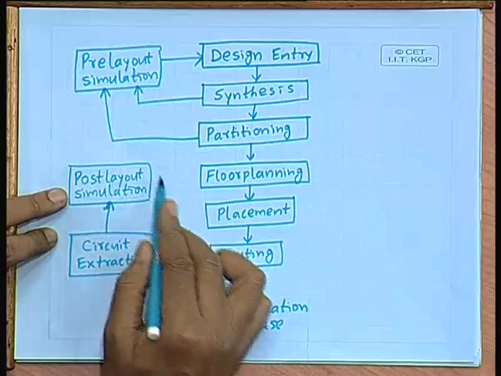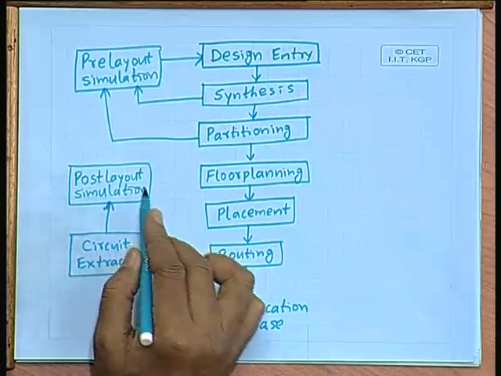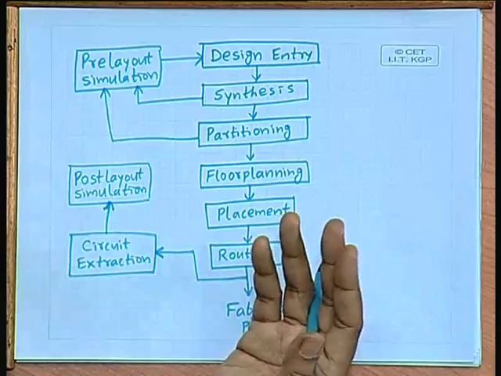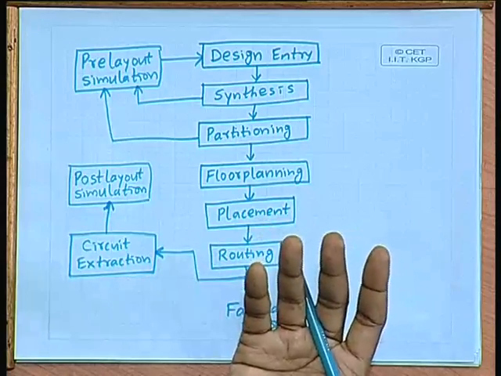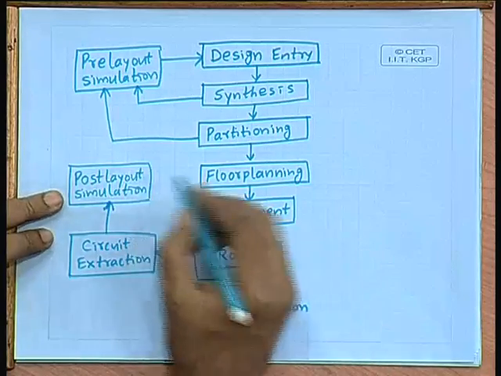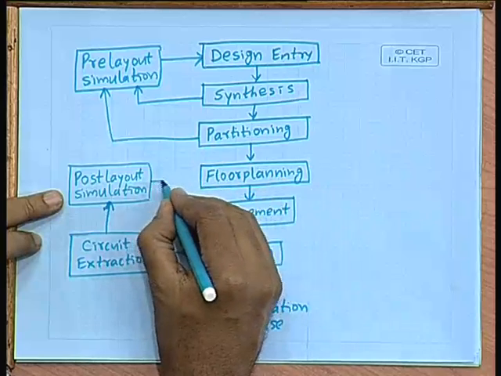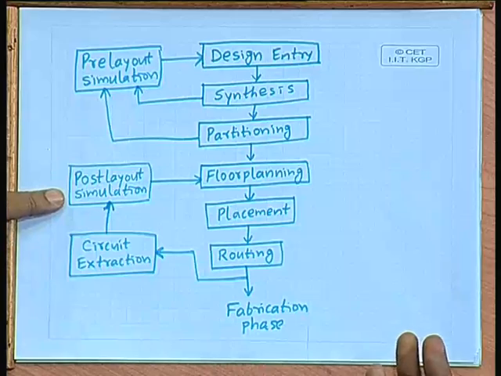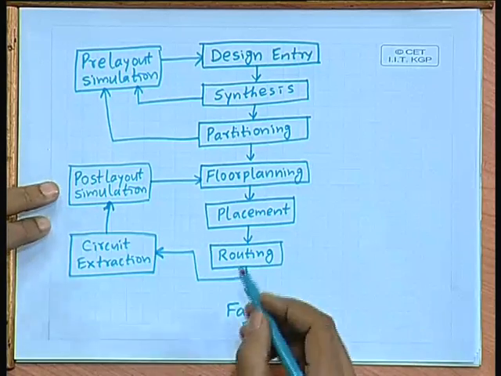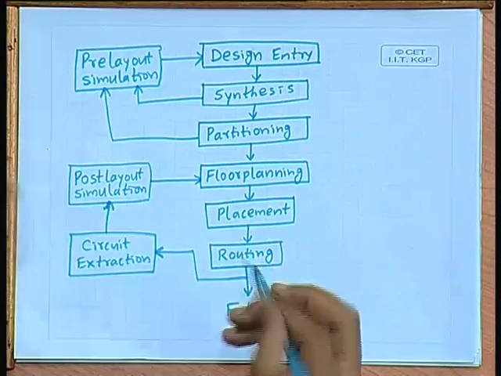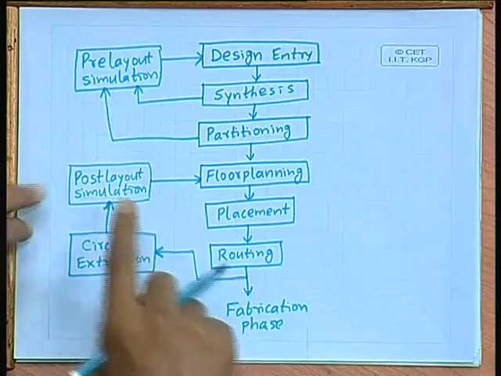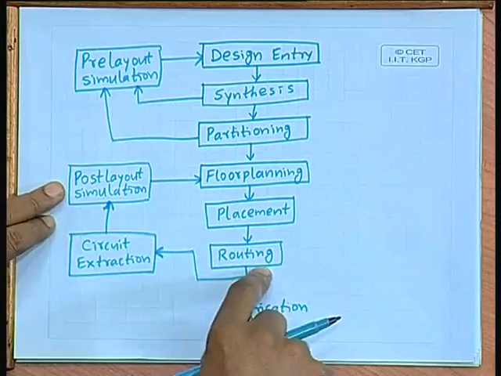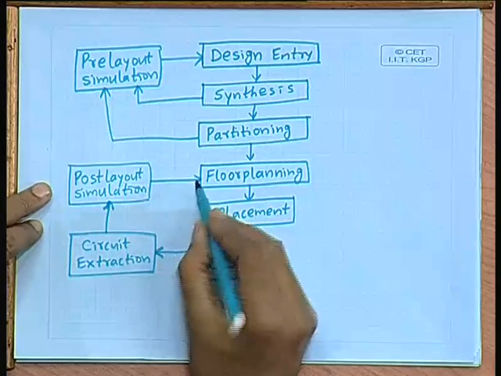Now, this simulator is more accurate. Here the basic components are transistors, resistors, capacitors. So, this can carry out simulation in a much more accurate way, and if it does not satisfy the timing or the power specification, you may go back to floor planning and make some changes there, or you may even go back to placement and routing phase also, but I am showing it going back to one phase only.